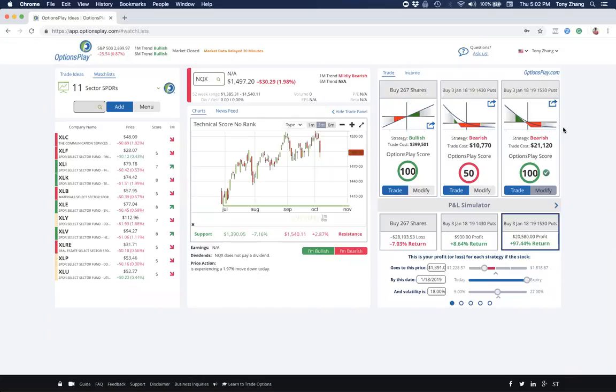Are put spreads a cheaper hedging idea? Yes, absolutely, great question. Richard's asking, can you buy a put spread instead of just buying a put? The reason that we generally don't use put spreads on a hedge is because put spreads only protect you down to a certain amount.